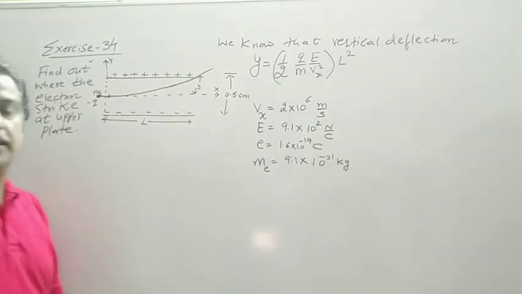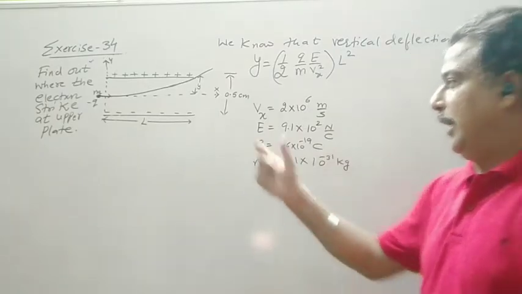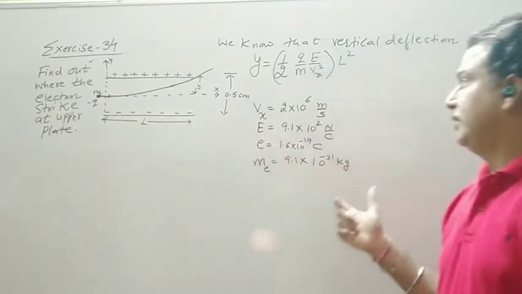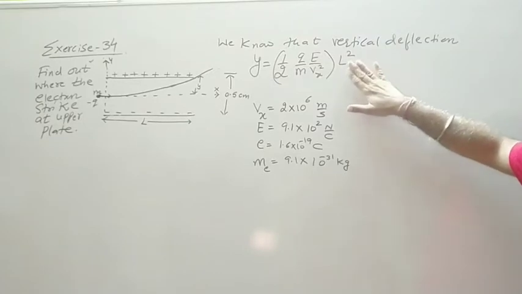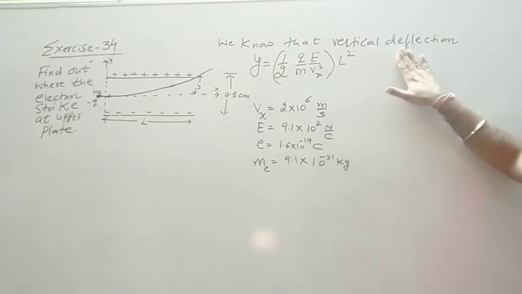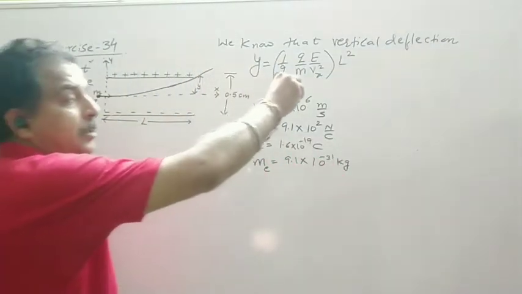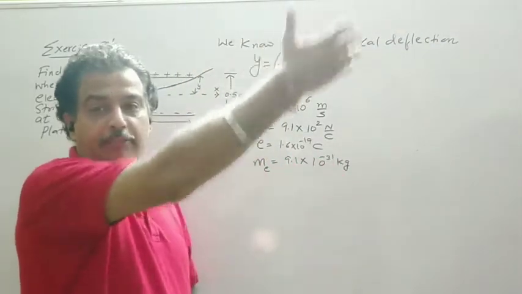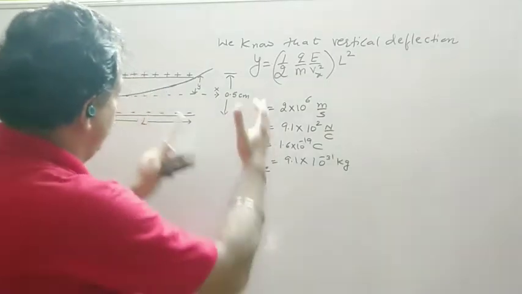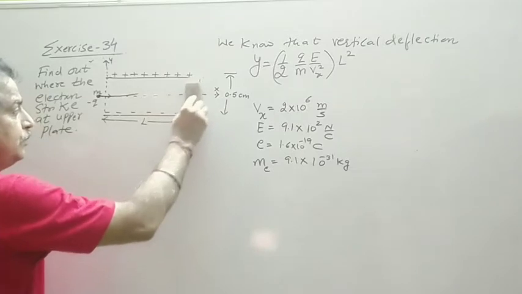Now in this question, the length of the plate is not given, but this was the formula which we derived for the vertical deflection. In that question the deflection was at the far edge of the plate. Now here we don't know where the deflection will be, so we change the diagram.